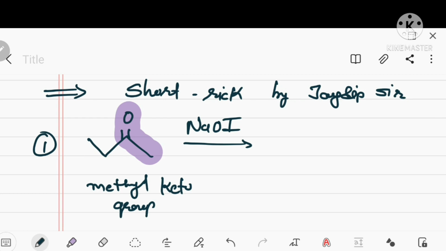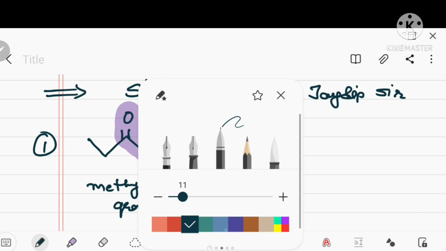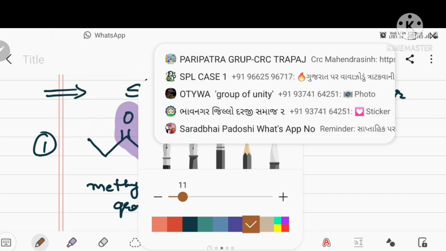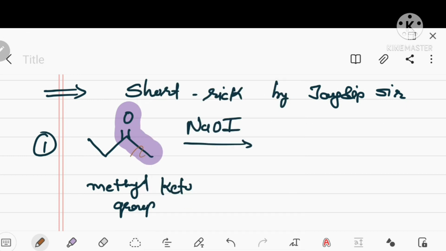First of all, you should break this part. What will happen is you make a double bond O and the salt of this compound, O minus, and sodium is given, so Na plus.